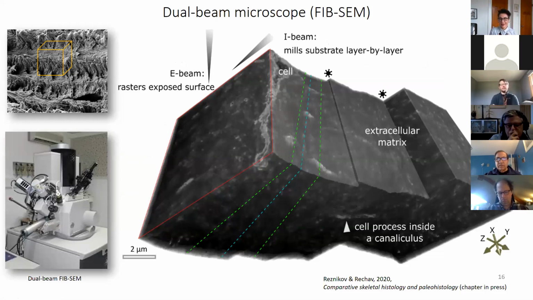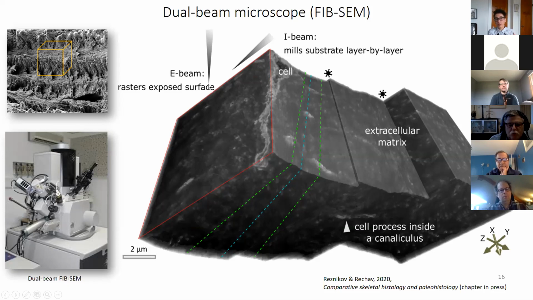That was quite a serendipity, because I could modify the method of operation and specimen preparation to get true three-dimensional information about bone organization. The principle is that the microscope has two guns. One is the ion beam, which operates as a very fine knife, and it is capable of ablating a layer from the specimen surface.